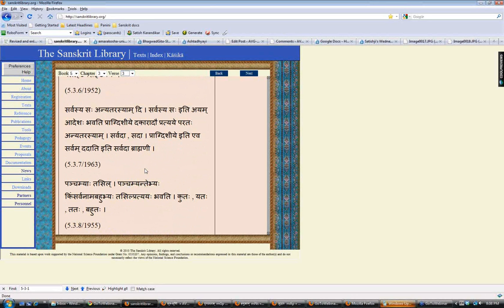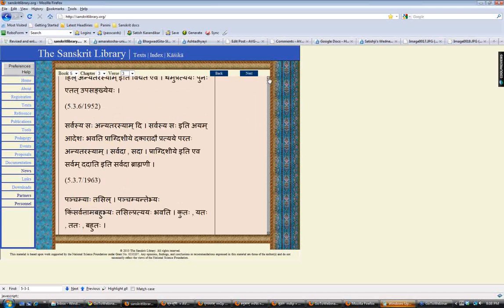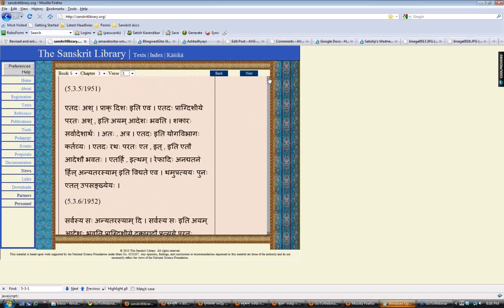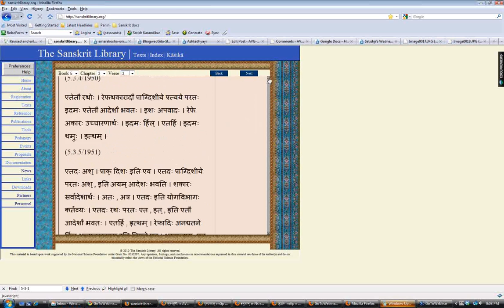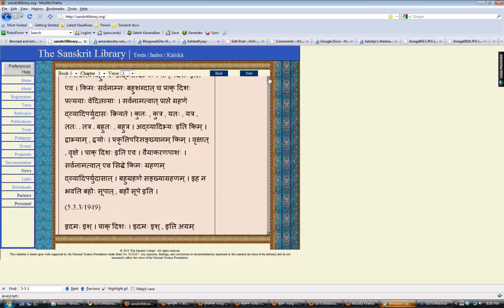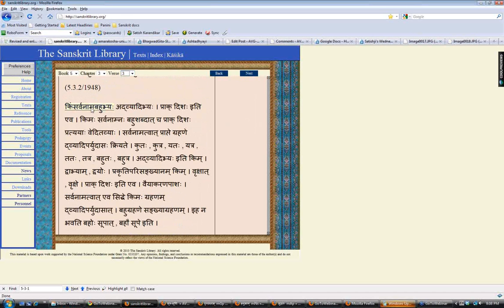Now, the problem here is that this Tasil is only prescribed after the words Kim and Sarvanama Shabdaha up to Dvi. Because if you go back here, it says Kim Sarvanama Bahubhya Advyadibhya. That's the most important thing over here. 5.3.2 is saying that these pratyayas come below that, Advyadibhya.